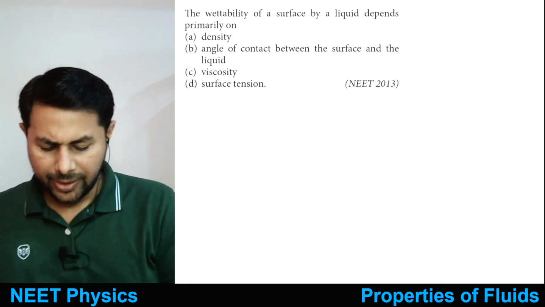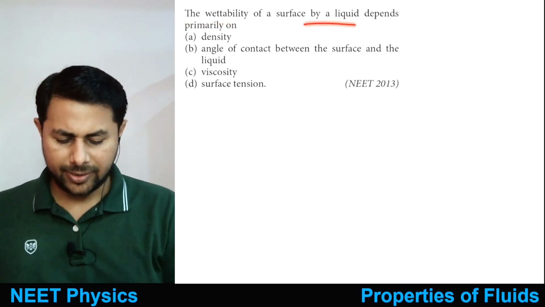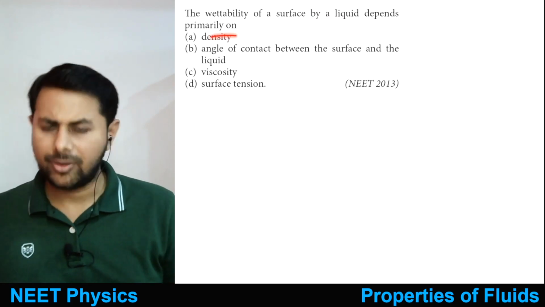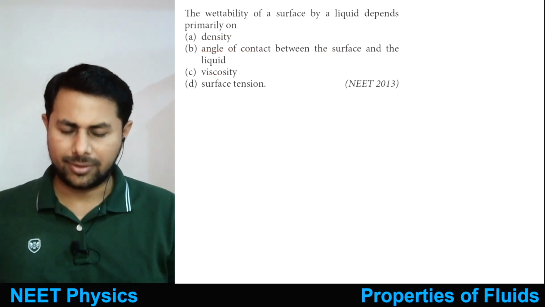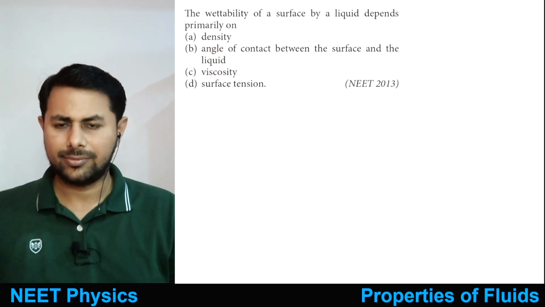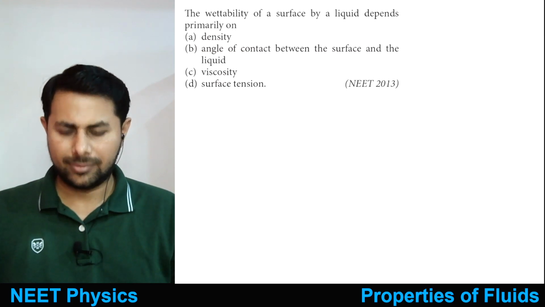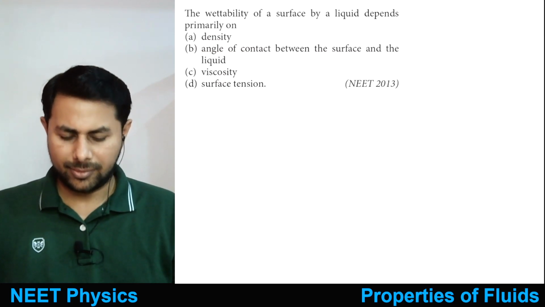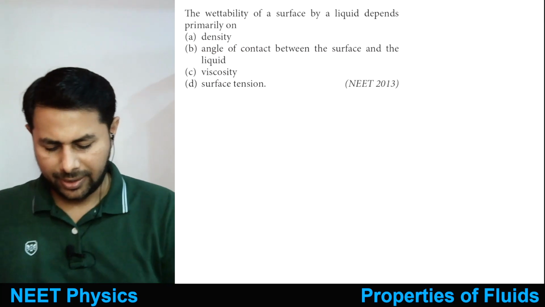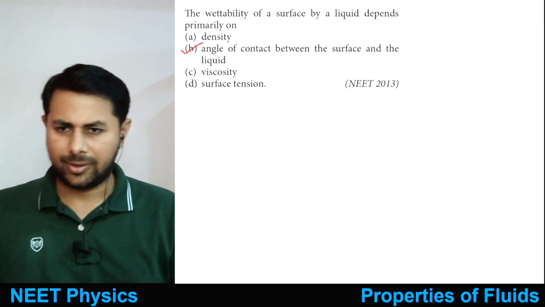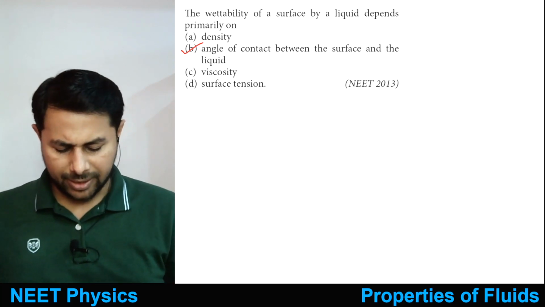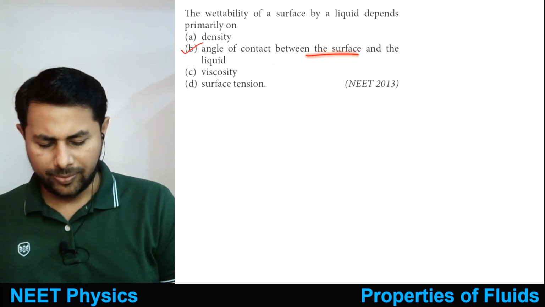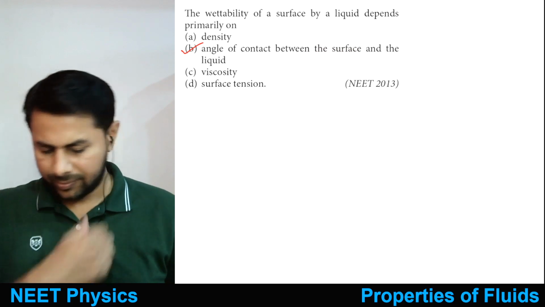Let's see the next one. The wettability of a surface by liquid depends primarily on: density, angle of contact between the surface and the liquid, viscosity, surface tension. It depends on the angle of contact, so it's option B. Whether the liquid will wet the solid surface, we can determine from the angle of contact.